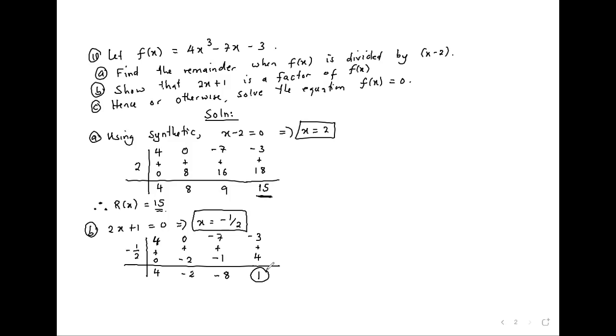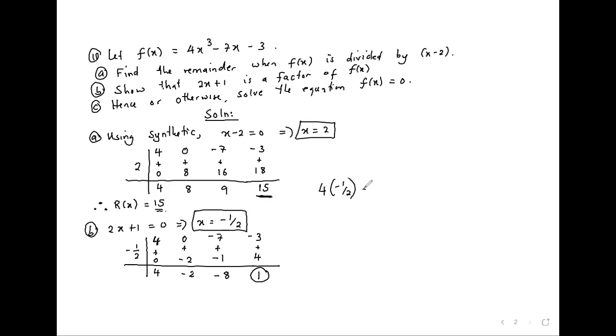The divisor showed that 2x plus 1 is a factor. And when we do that, we get negative half, correct? We put the 4, then 0, then negative 7, then negative 3, then we do our division. So there we have a 4. I'm just verifying here for the sake of confirmation.